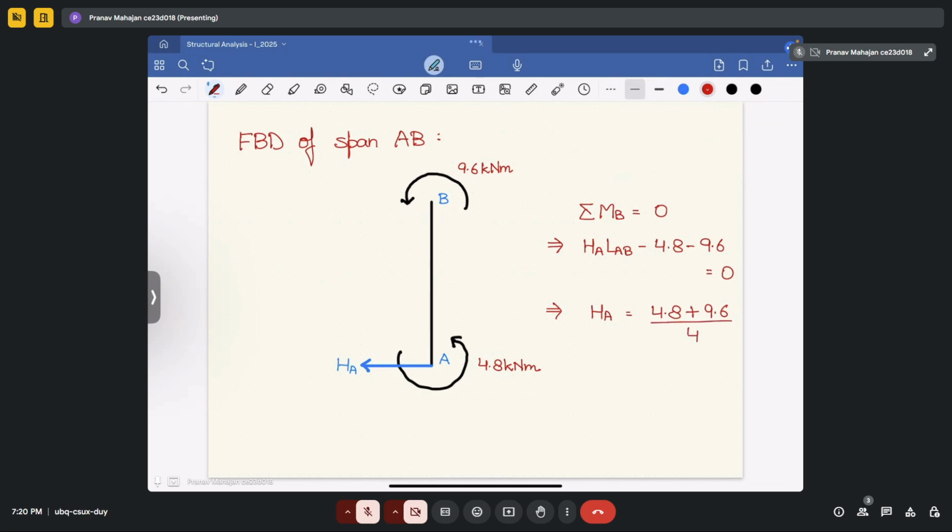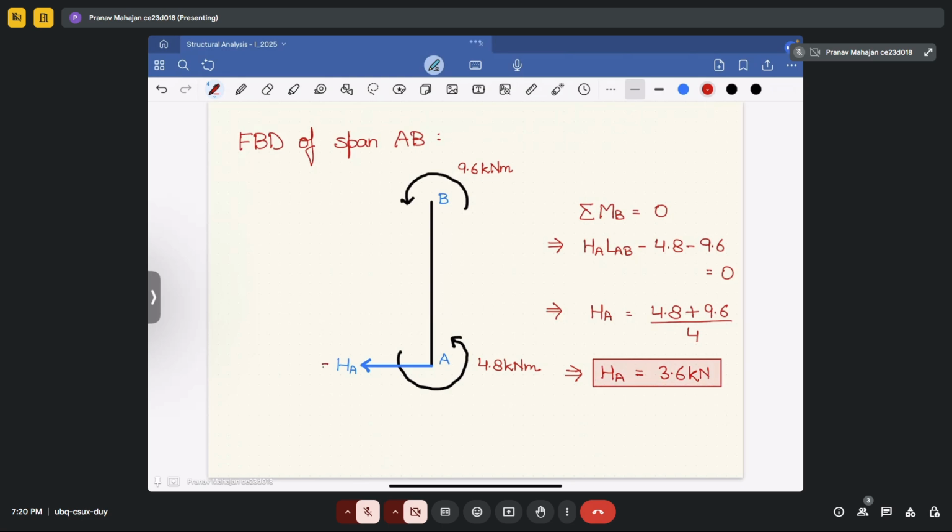L is 4. And from this, you will get the value of HA to be equal to 3.6 kilonewton. Okay. So this is how you will calculate all the values.